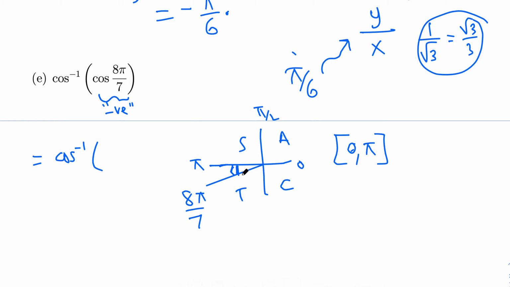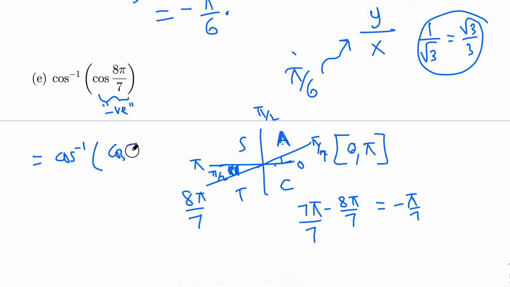So what is this angle? If we go here, we get a positive value because all are positive, but we want here. So anyway, this angle is pi minus 8 pi over 7. This is 7 pi over 7, so negative pi over 7, but this negative is just for the direction. So this angle is in fact pi over 7.